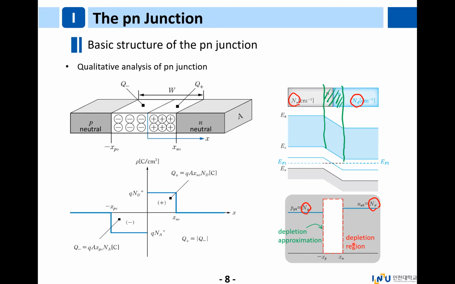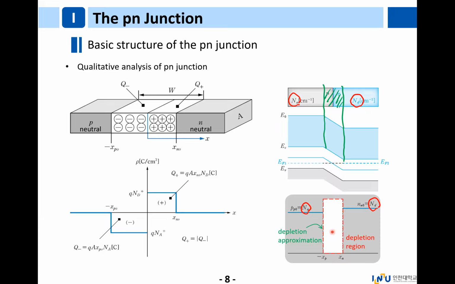So for a p-n junction in thermal equilibrium, carriers undergo diffusion and recombination in the junction, leading to the formation of a depletion region where mobile carriers are absent, but there are still fixed charges.